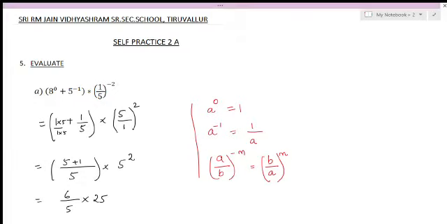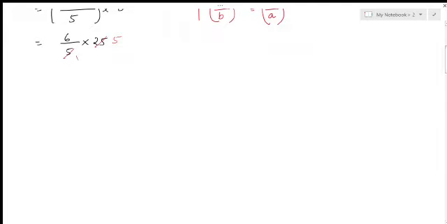So you can cancel: 5 ones are 5 and 5 fives are 25. So now let us multiply 6 into 5, which is equal to 30. Is it clear, children?